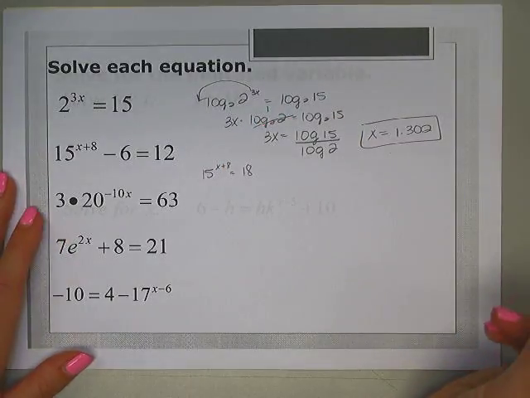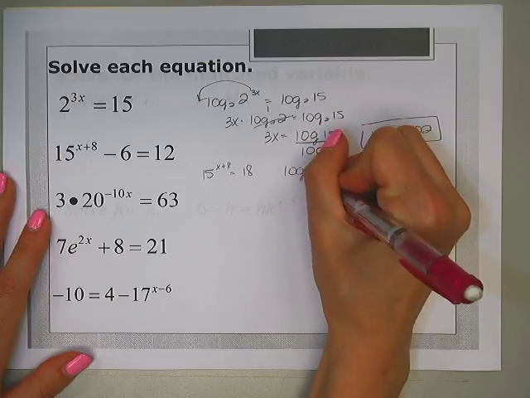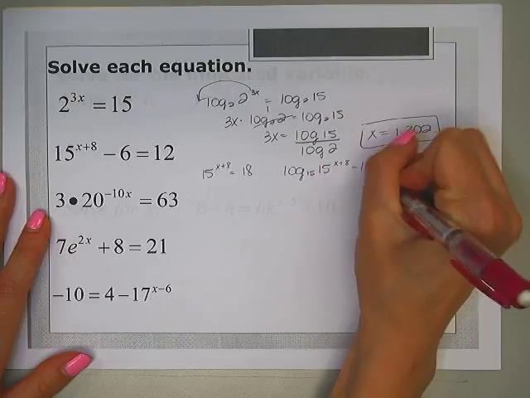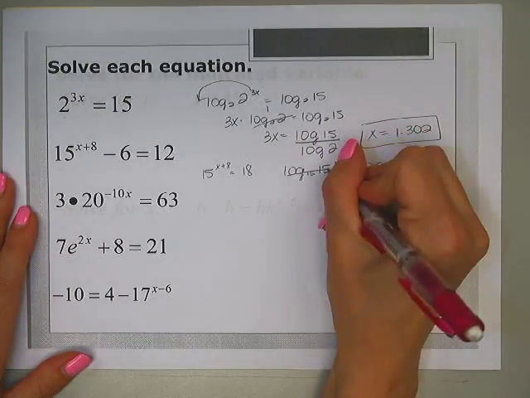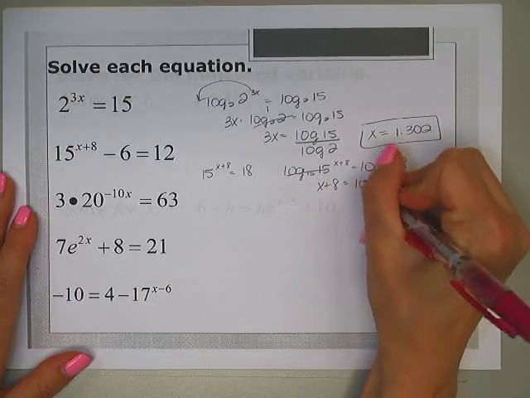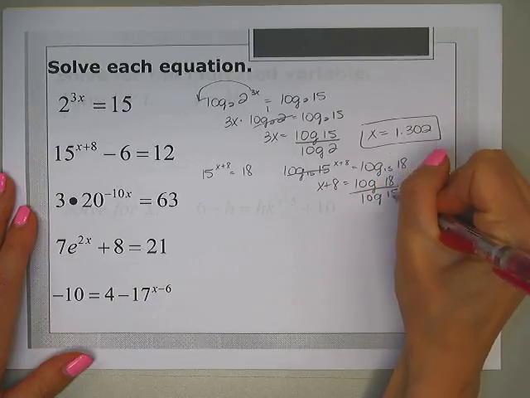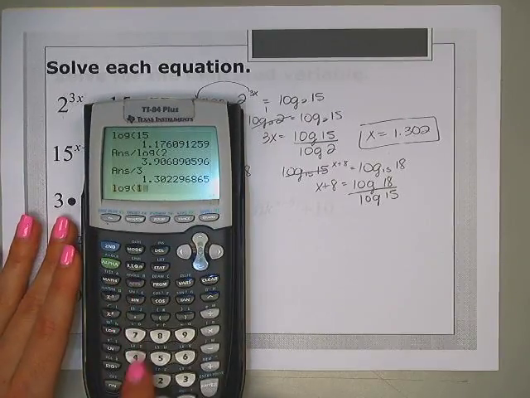So again, going back up to the top here, we'll add the 6 to both sides. I get 15 raised to the x plus 8 equals 18. Therefore, what base should I choose? Base 15. Log base 15 of 15 to the x plus 8 equals log base 15 of 18. That becomes x plus 8.